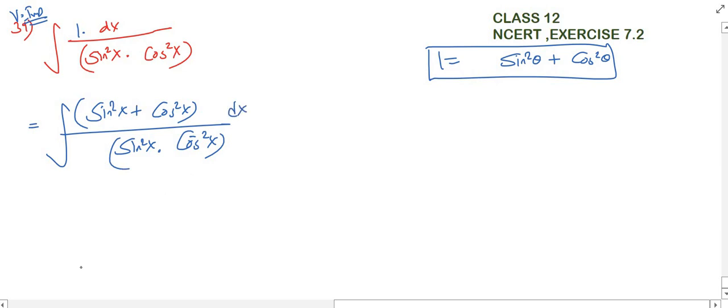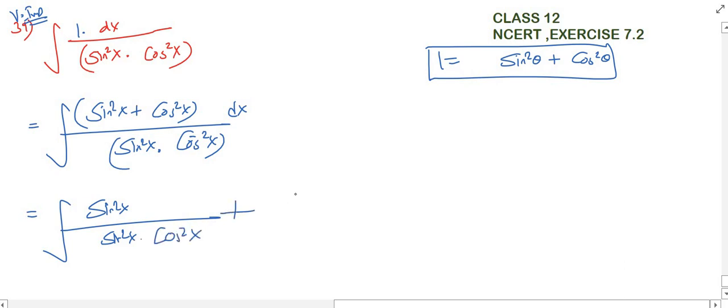I can write it. ठीक है? Now can I split it, this by this and this by this? So it will be sin square x by sin square x into cos square x plus cos square x by sin square x into cos square x. ठीक है? ये split हो गया.